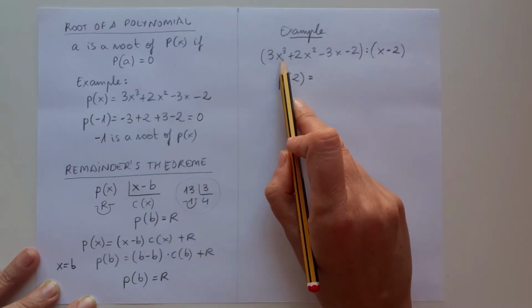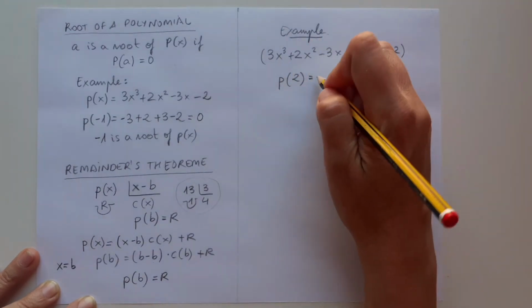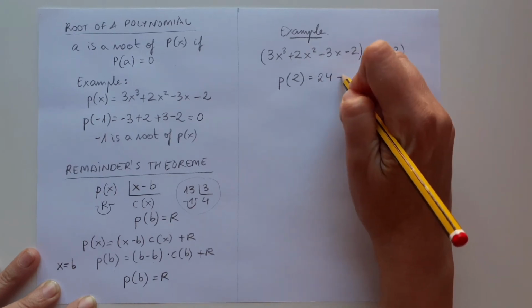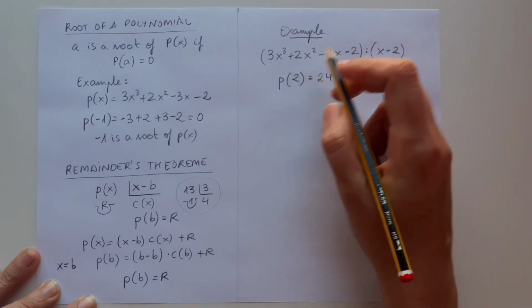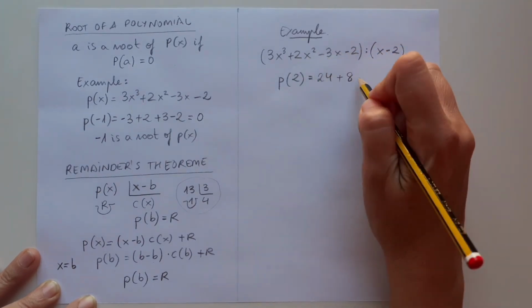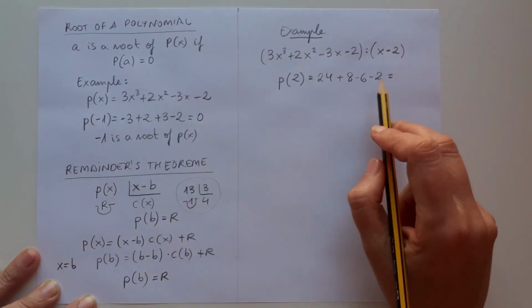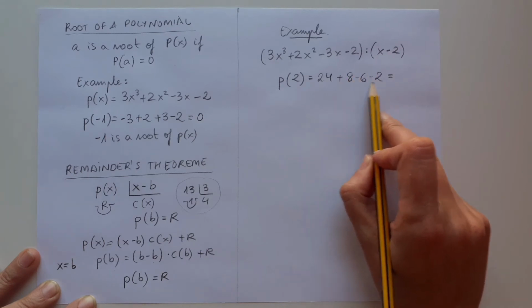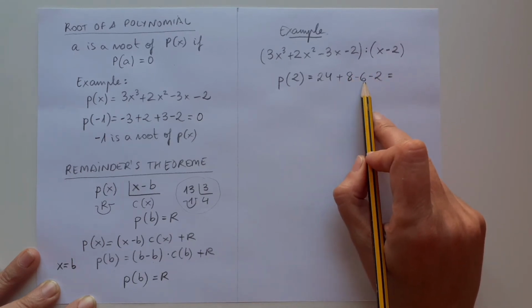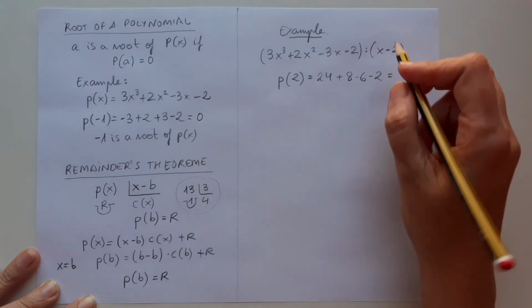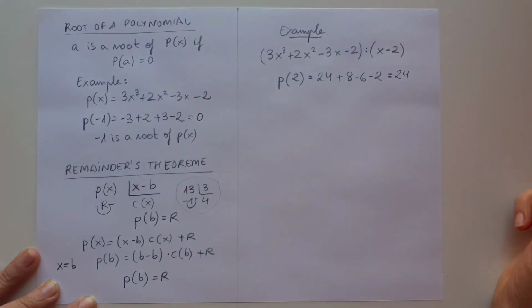It would be 2 cubed, that equals 8 times 3, 24, plus 2 squared, that is 4 times 2, 8, minus 6, minus 2. 8 minus 6 equals 2, 2 minus 2, 0, so the remainder would be 24.